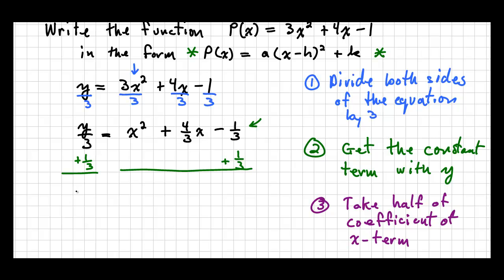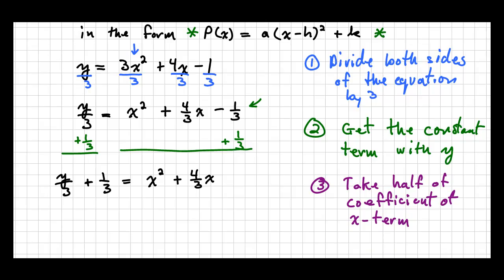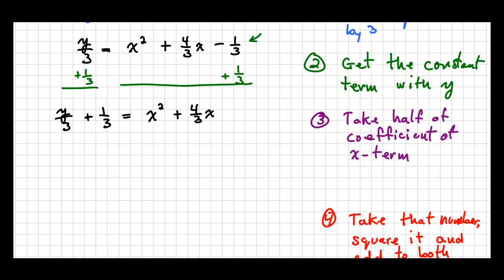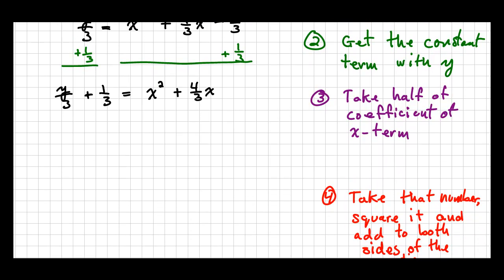And so now we get y over 3 plus 1/3 equals x squared plus 4/3 x. This is the part where we're completing the square.